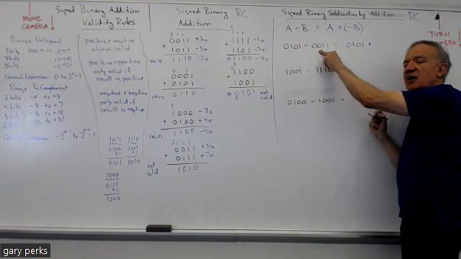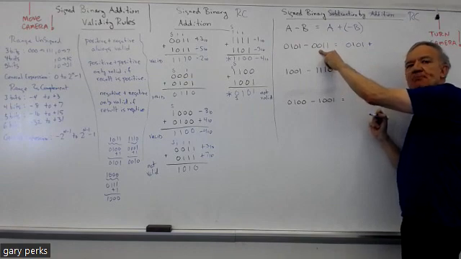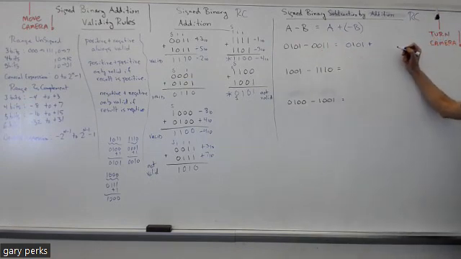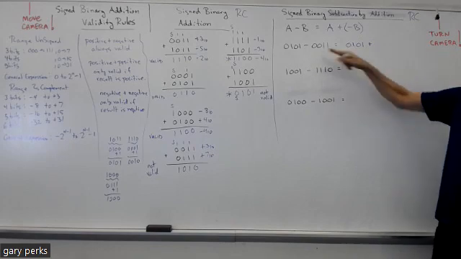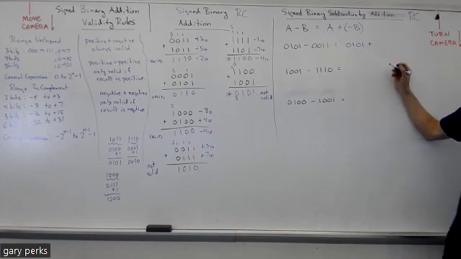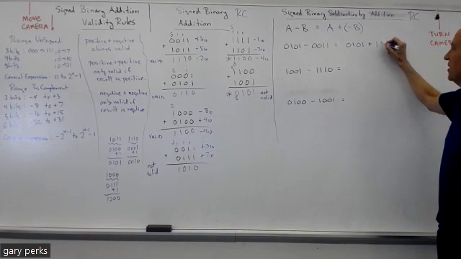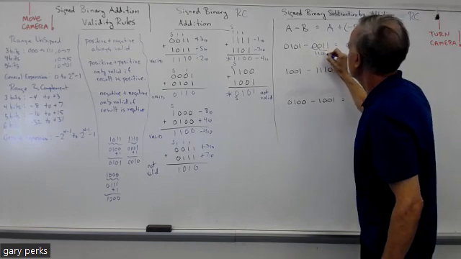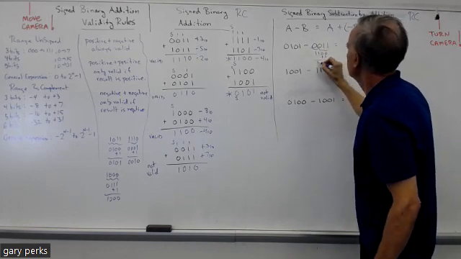Because when I take the two's complement of any signed binary number, whether it's positive or negative, it negates it. So what would 0011 be if I take the two's complement, meaning I flip the bits and add 1? 1101. Everybody see that? Because I would flip these, get 1100, and then add 1.